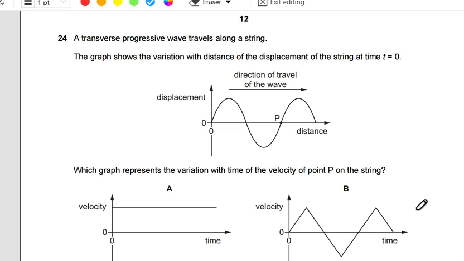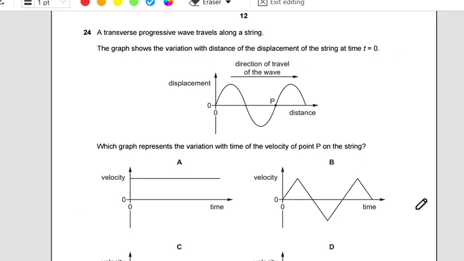So if we have a displacement versus distance graph of the wave, and we need how velocity varies with time.